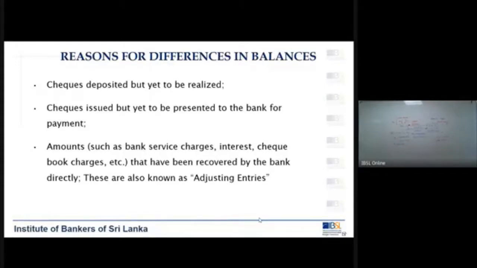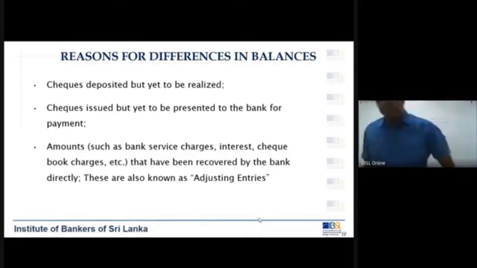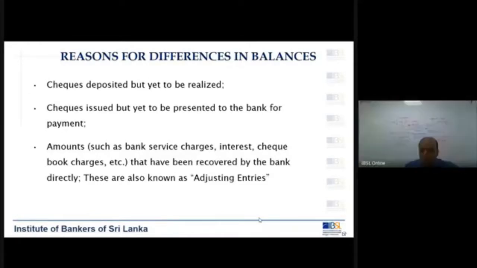The cash book question, where I told you about the 350 rupees transaction, where the bank recovered 350 rupees directly from your bank account. So now what happens? The bank will recover certain amounts from your bank account directly without even telling you. That can happen because the bank has the right.